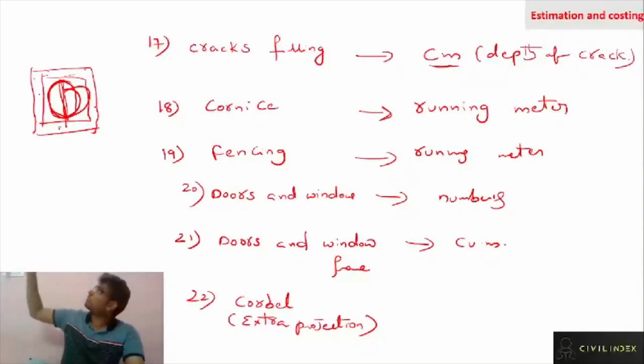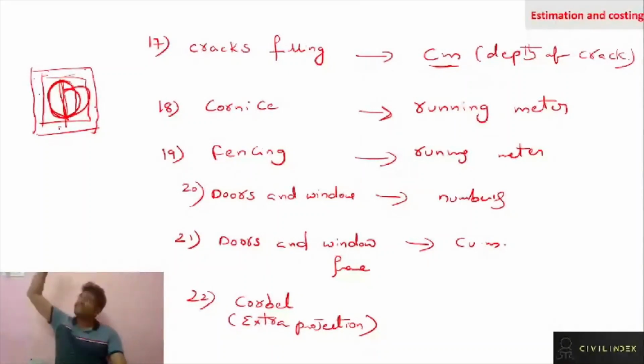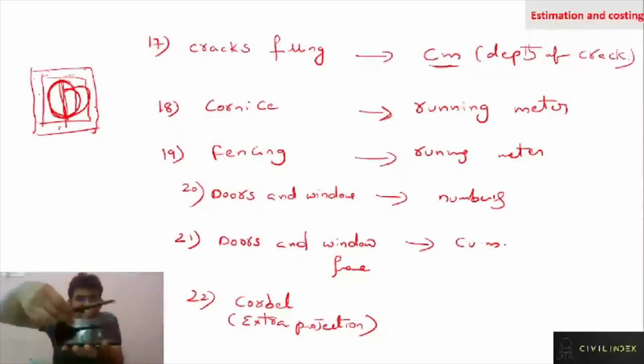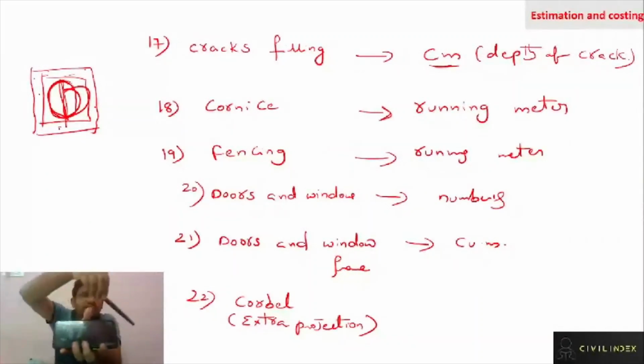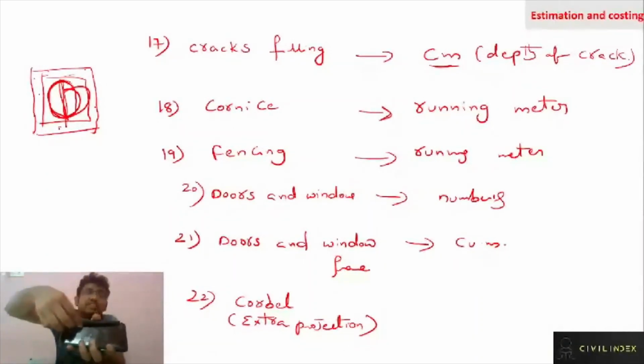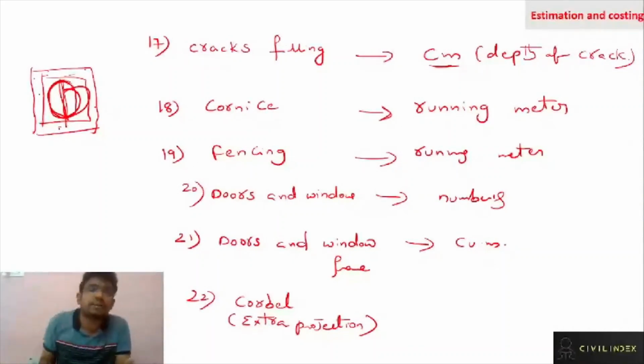If you provide it internally, that is called the cornice. If you provide it externally, that is called the corbel. Is it clear, guys?